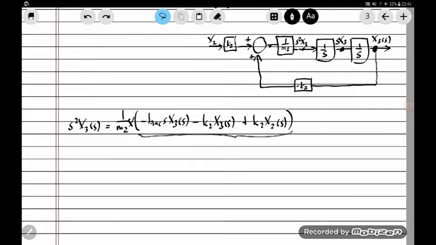All right. We still have a term left, and we see that that term says that we need to add the signal x3 times minus b increment.